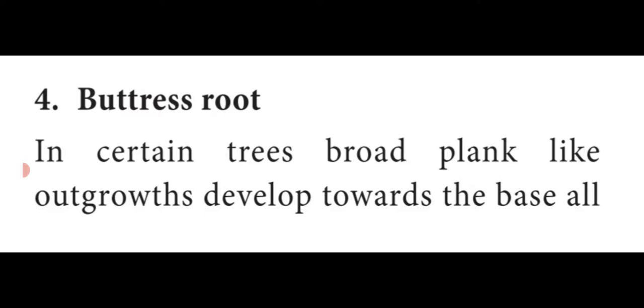That means around the base of a trunk region or tree. They are producing a broad plank-like root which are arising at the base of the tree around the trunk region. Those roots are known as buttress roots.